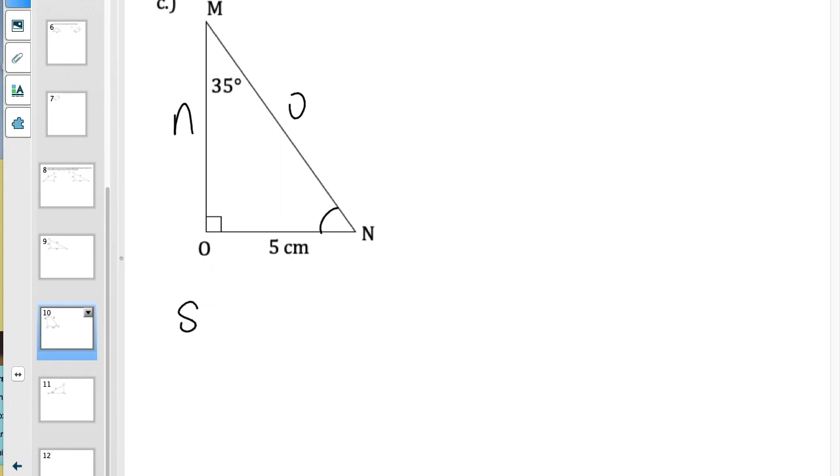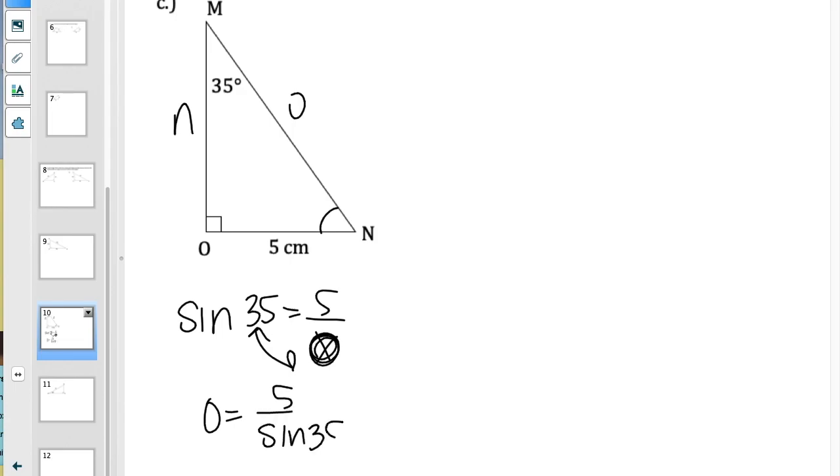So sine of 35 would equal 5 over x. When the x is in the bottom, we swap them, right? And so x or O is the side that we're finding right now. So side O would equal 5 divided by the sine of 35 in our calculator, and to the nearest tenth is what we're measuring sides to.